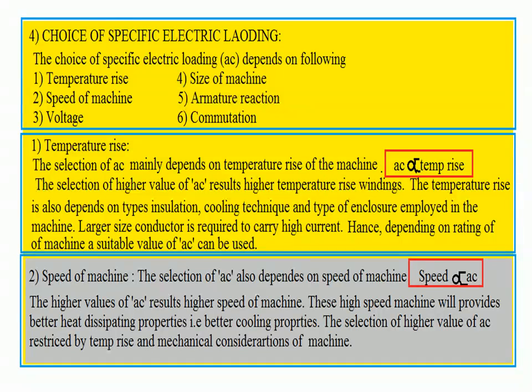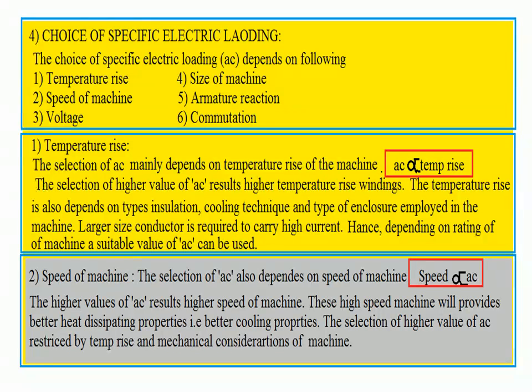Number 1, temperature rise. The selection of AC mainly depends on temperature rise of the machine. If your selection is a higher value of AC, it results in higher temperature rise in windings, and then you have to go for a suitable type of insulation, cooling technique and type of enclosure.